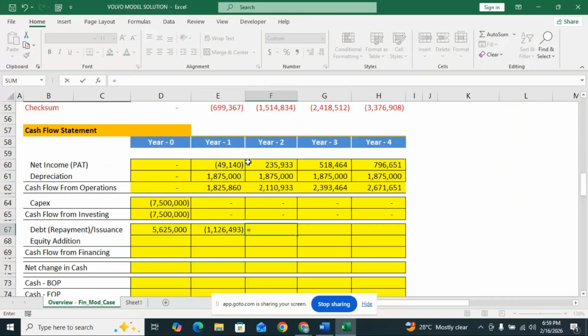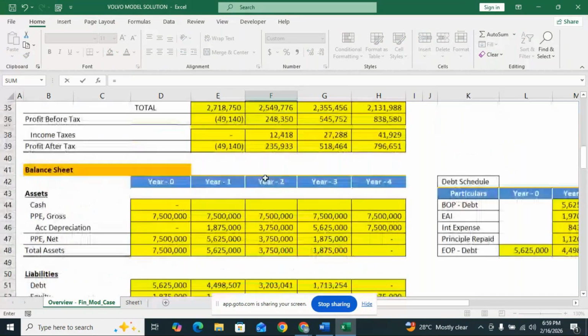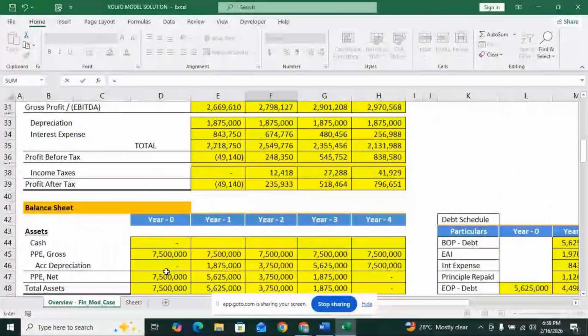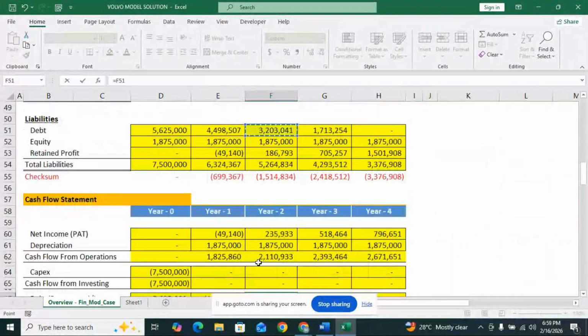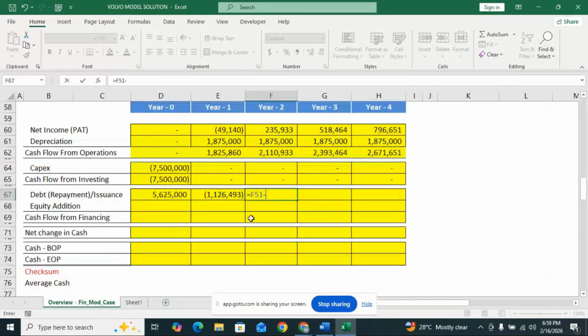Again, the current year, which is year 2, minus year 1's.